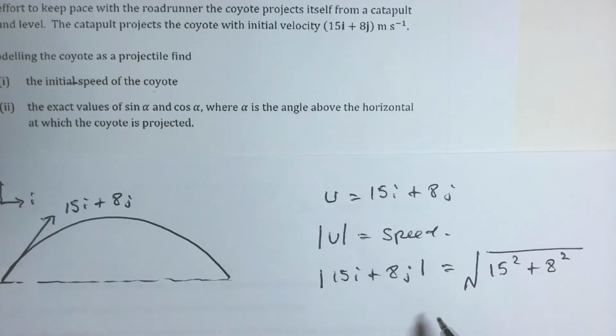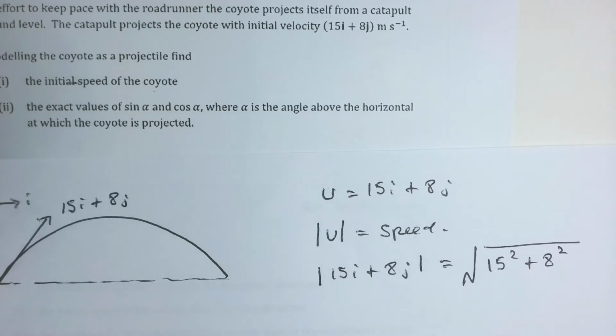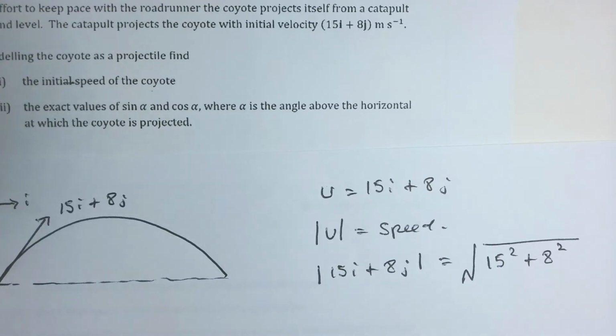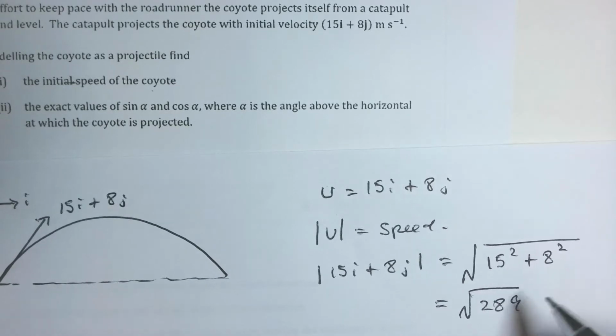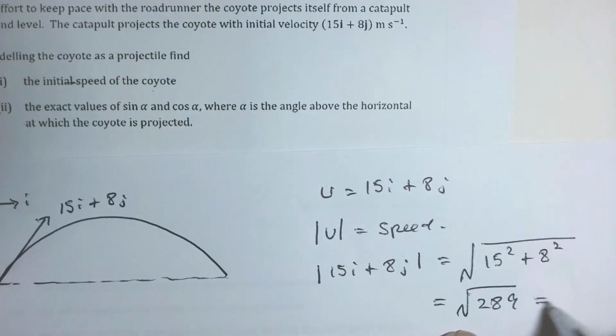That is 289, and the square root of 289 is 17 meters per second.